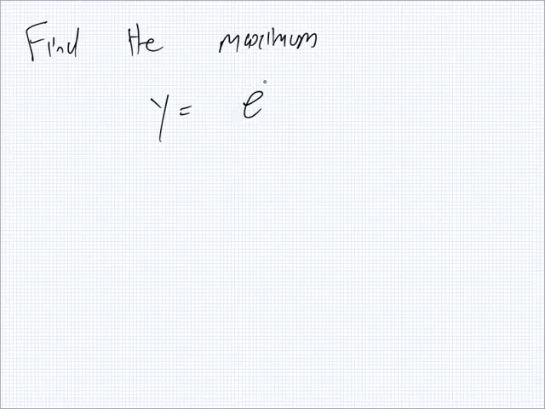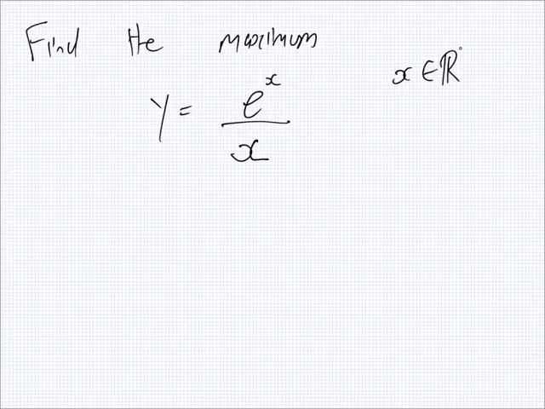I'll put an e^x over an x, I think. Yes, it's not as bad as it looks. I tried to make it more difficult, trust me. Try this. Find the maximum. And x is any real number except, of course, 0.